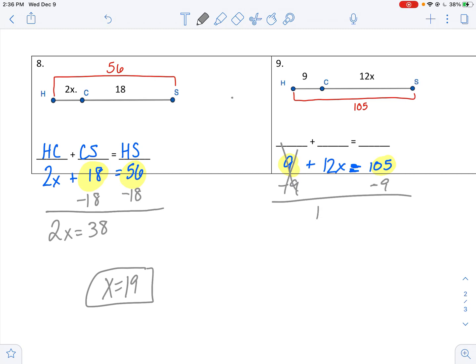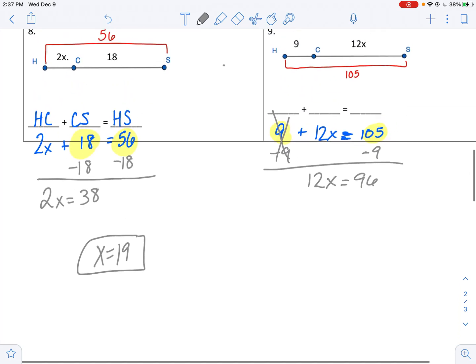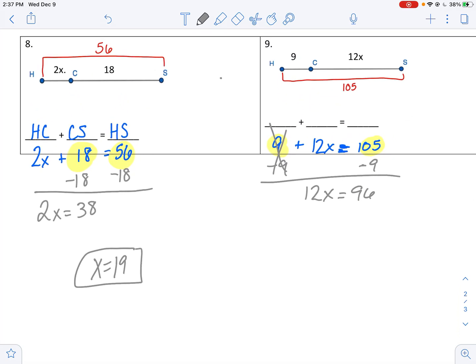That goes away, and I have 12x equals 96. And then if I divide by 12, if my iPad doesn't lose my spot, then I would have x equals 8.